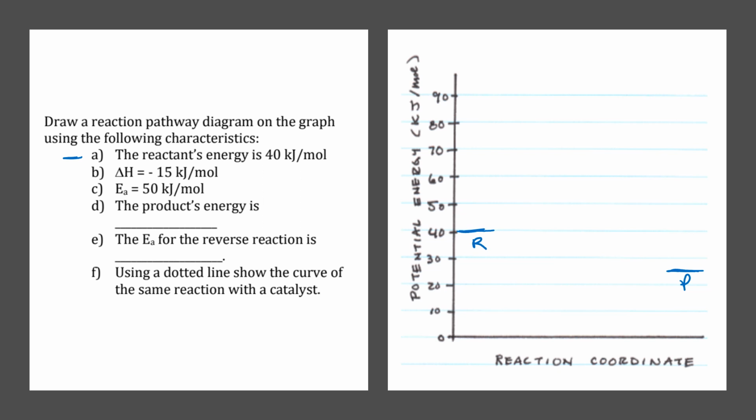Then it tells us that our EA is 50 kilojoules per mole. That doesn't mean we're stopping at 50. It means it's going to be 50 plus my reactants. So it's going to be at 90. Then I'm going to use this color to make my whole reaction. To continue with my labeling, my EA is here.